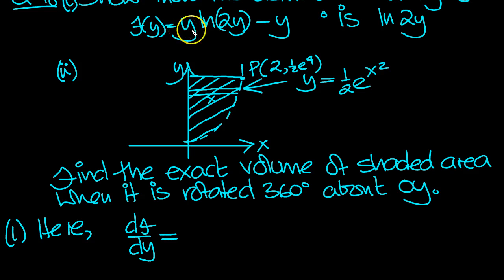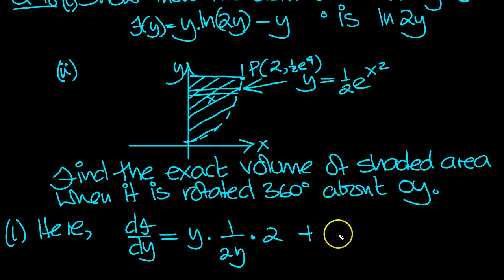So df dy then is a product rule, and this constituent part is a function of a function. So applying those rules, it's u dv, log of something goes to 1 over the something, multiplied by the something differentiated, plus v times du, minus, the next thing, differentiate this, y differentiates to 1.